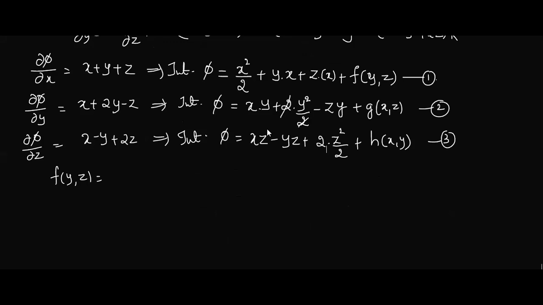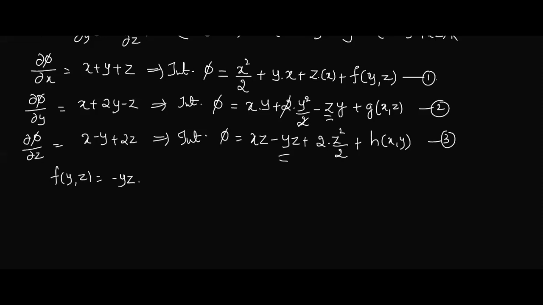Here, the number of terms are balancing, no doubt, but do you have a term in yz which is not present in equation 1 but present in equations 2 and 3? Please answer. Minus zy, minus yz. Yeah, this is present. So obviously this has to be chosen as minus yz.